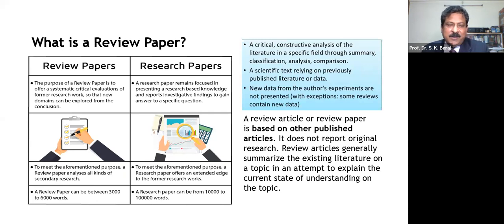And a review paper, to meet the purpose I told you, analyzes all kinds of secondary research. And for your kind information, a review paper can be between 3,000 to 6,000 words only, whereas a research paper requires a minimum of 9,000 to 10,000 words.